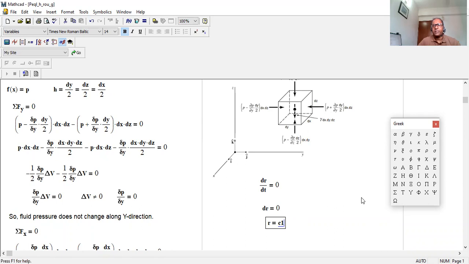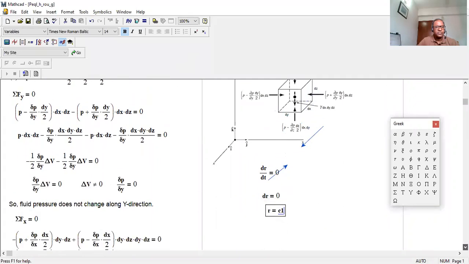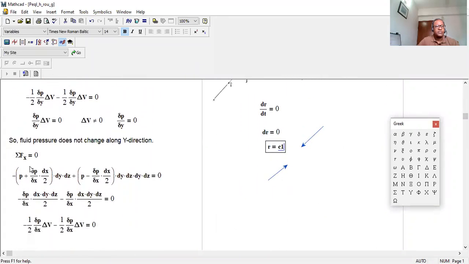Now, similarly, we will say along the x-axis. That means the pressure is working like right over here and right over here. Okay, that we will check. So similarly, along the x direction, fx equal to 0.